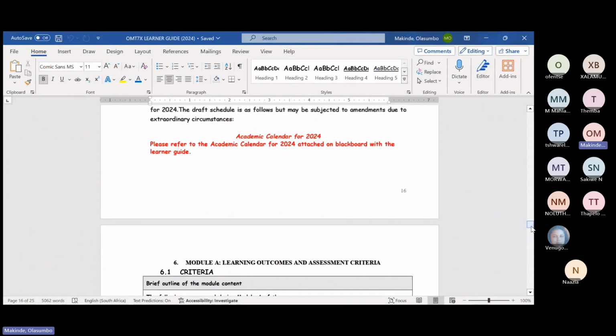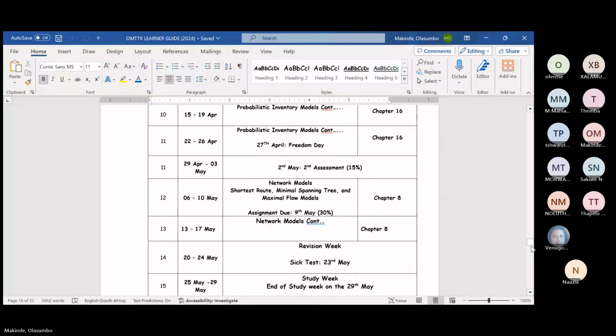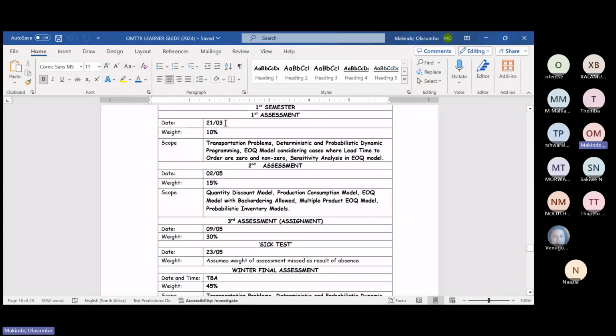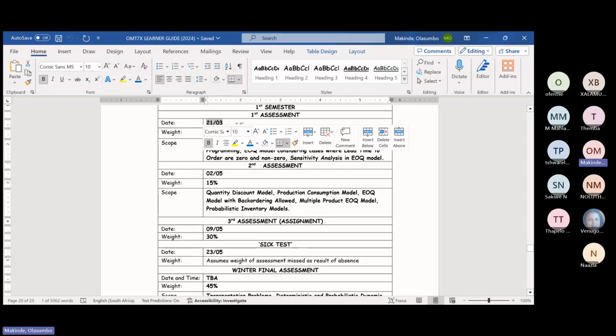So I'll quickly show you. So tentatively for now, our first assessment is on the 21st of March. So you see it's around the corner.